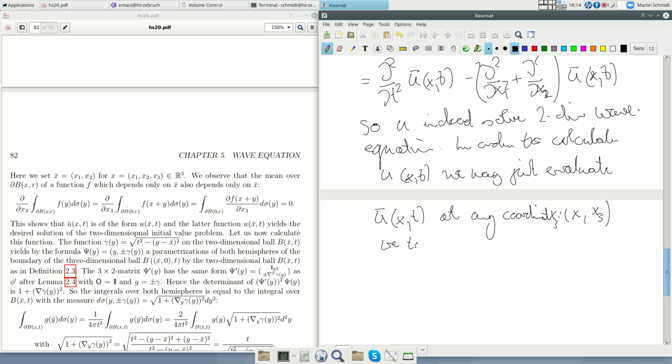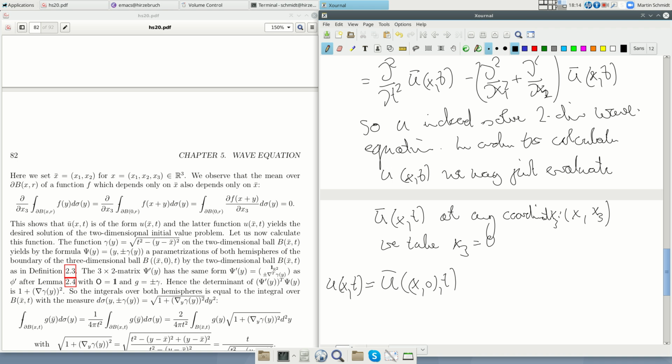So we take x3 equals 0. So we just evaluate u bar at (x,0),t. And this is our definition of u of x,t.